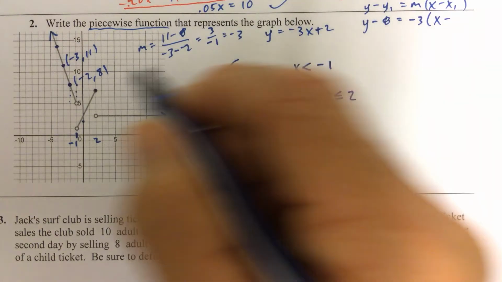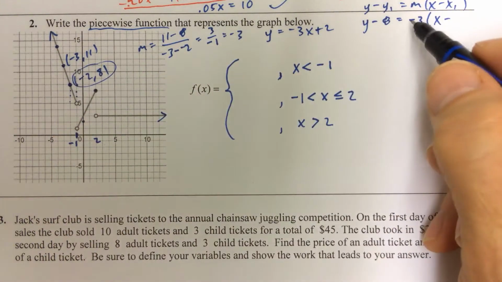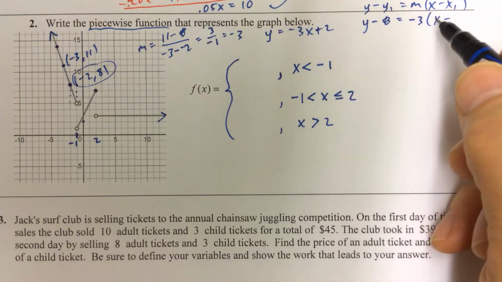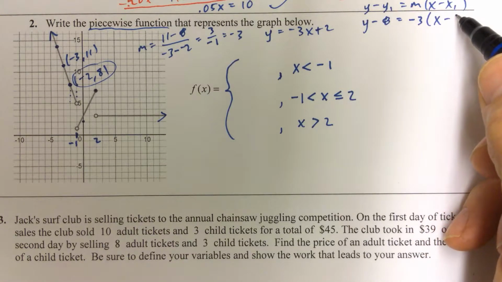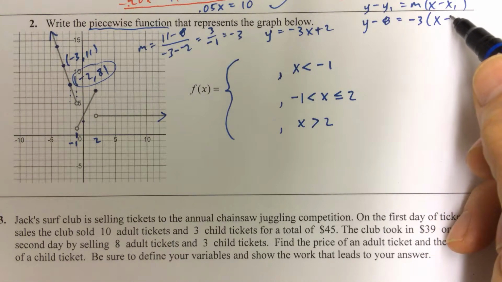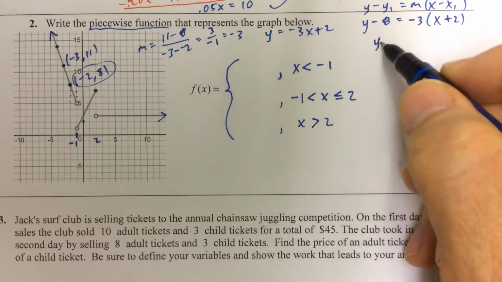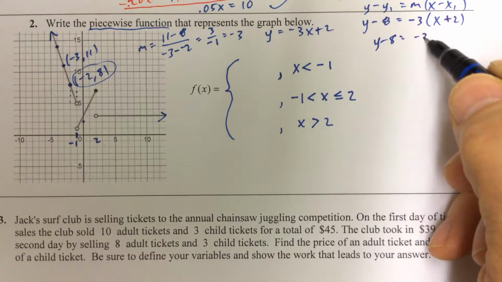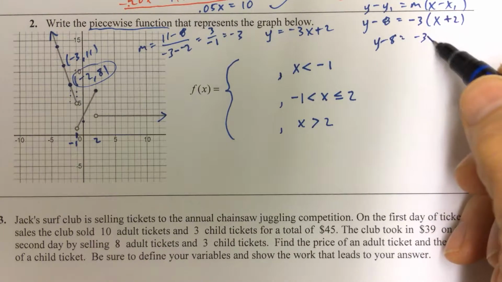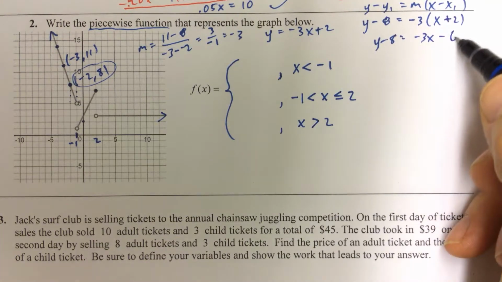And so we take the point -2, 8, and we write 8 as the y1. We write -2 as the x1, and x minus -2 is the same as x plus 2. Solving for y, getting rid of the parentheses, y minus 8 equals -3x minus 6.